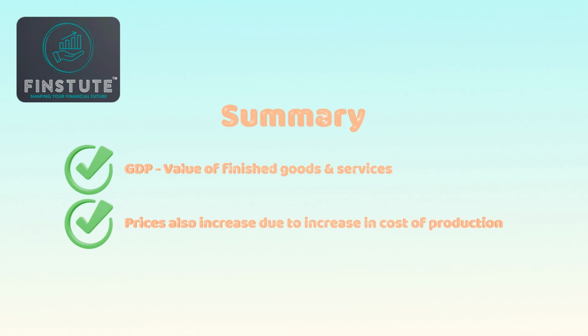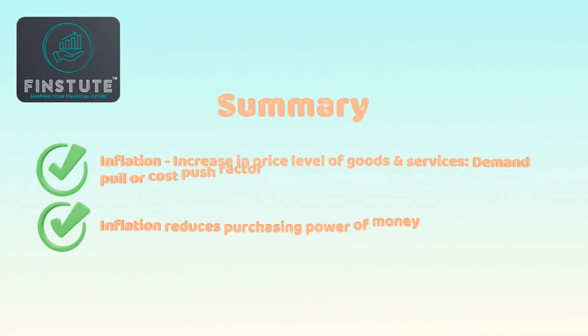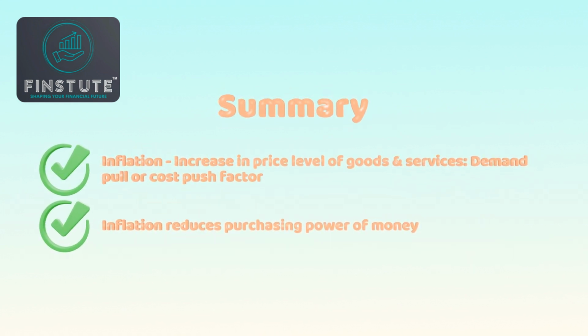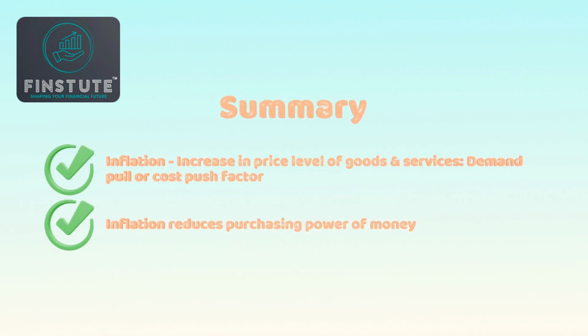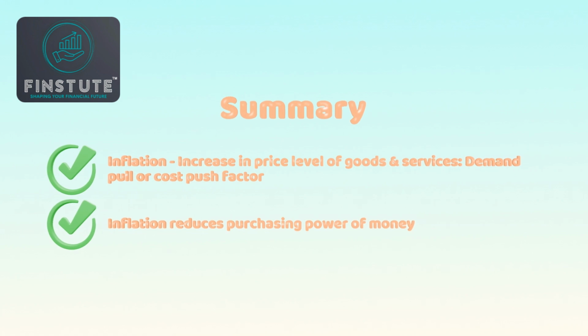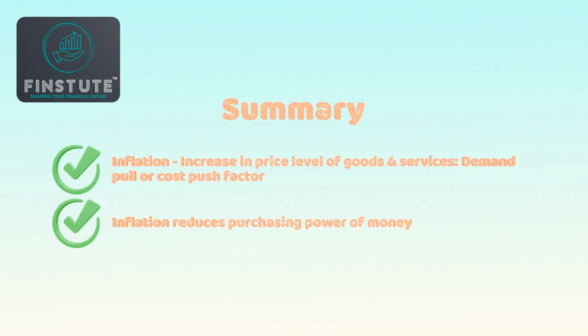The prices of goods and services can also increase due to an increase in the cost of production. Inflation refers to the general increase in the price level of goods and services in a country and predominantly occurs due to demand pull factor or cost push factor.